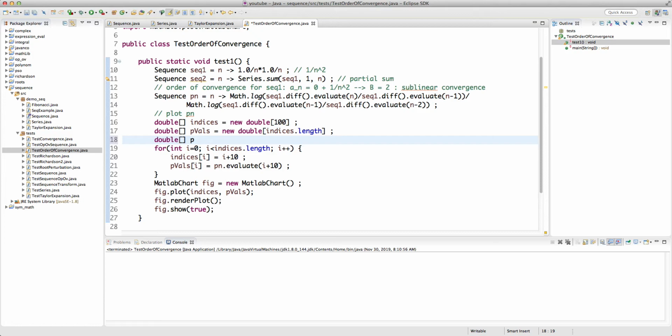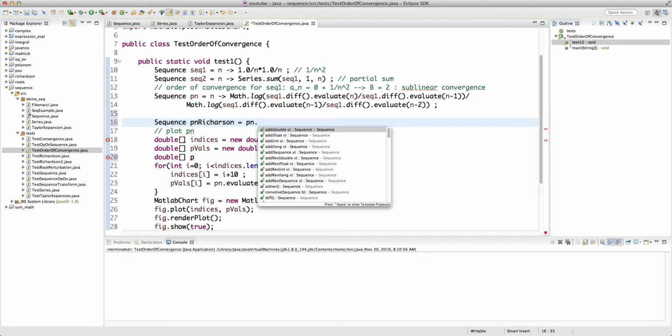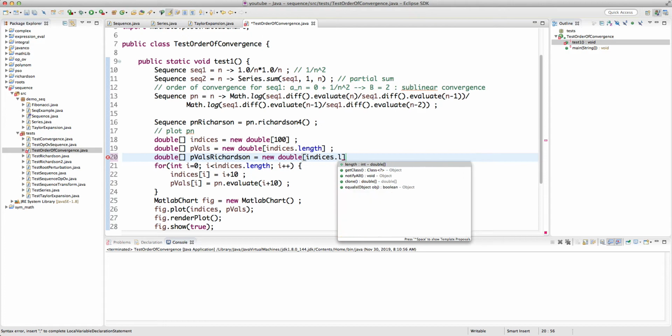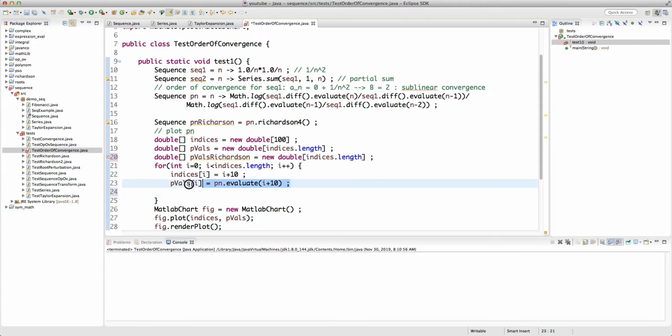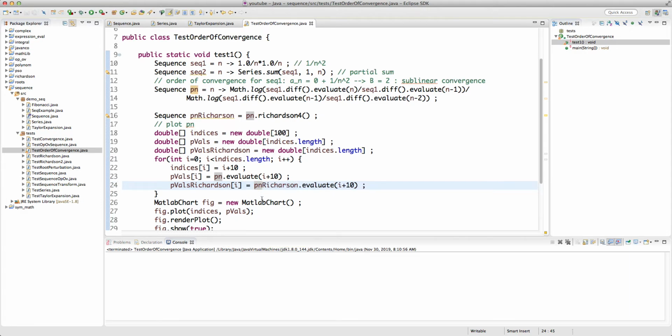So let's define a new sequence, Pn Richardson, where we take Pn and apply Richardson fourth order, and then pVals Richardson is new double of indices.length. Now we say pVals Richardson at i is Pn Richardson evaluated at i plus 10.